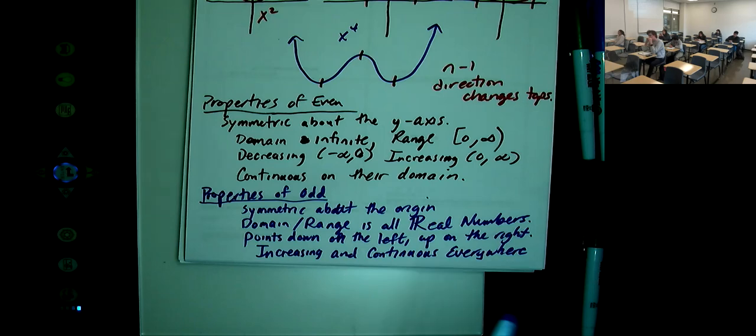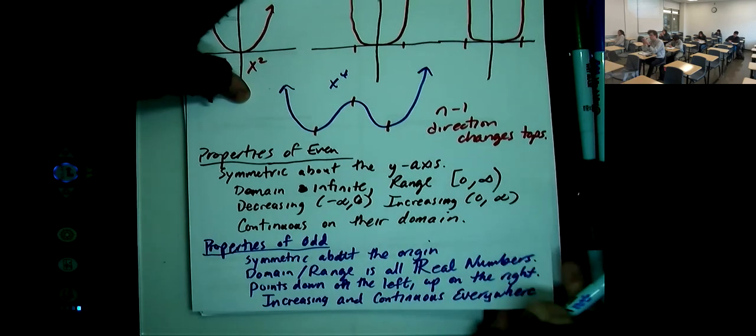All right, so how do these graphs get changed? Making edits. This is true for all ax to the n, the following information.